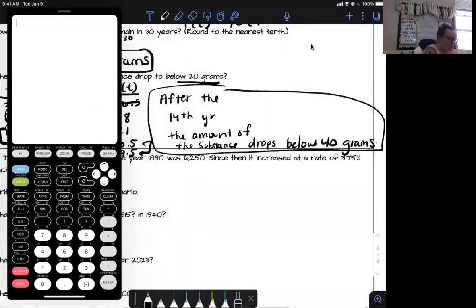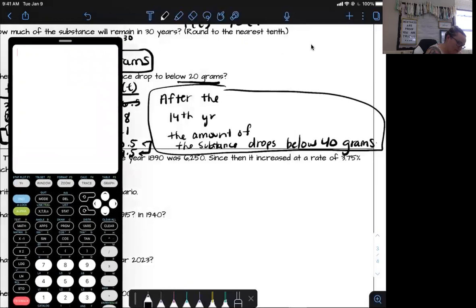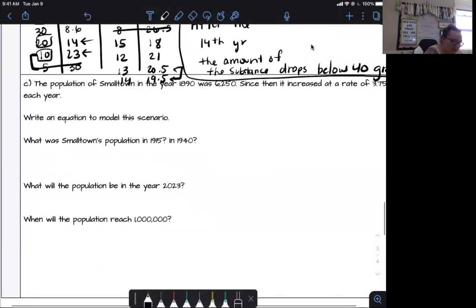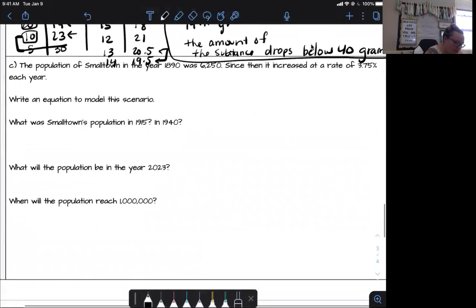All right. So now what I want you to do is actually do part C on your own. You're given a population of a town, and you're just going to answer some questions about that population. I should give you a hint though. You're given the initial population in 1890, and they want to know the population in 1915 and 1940.